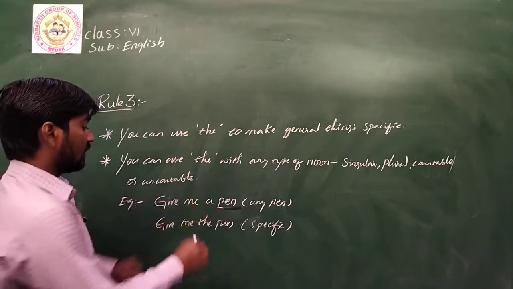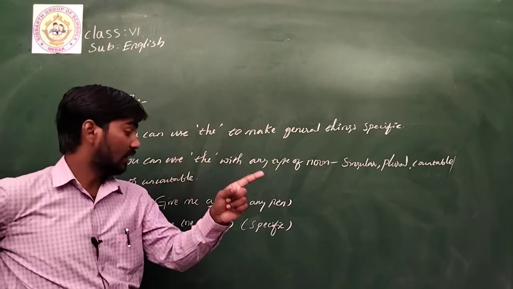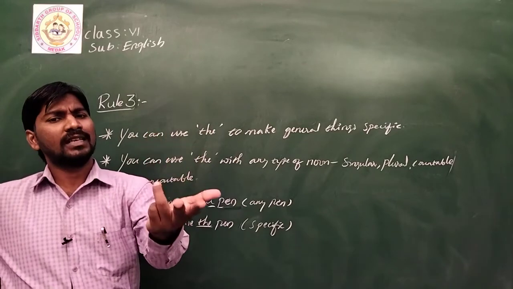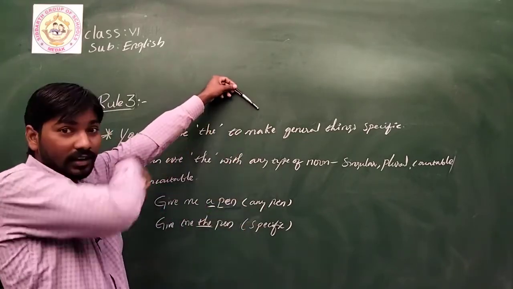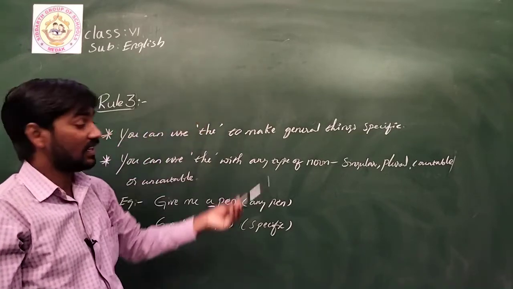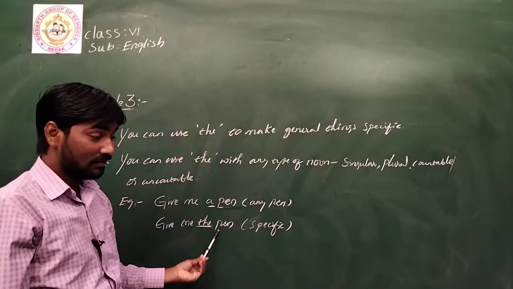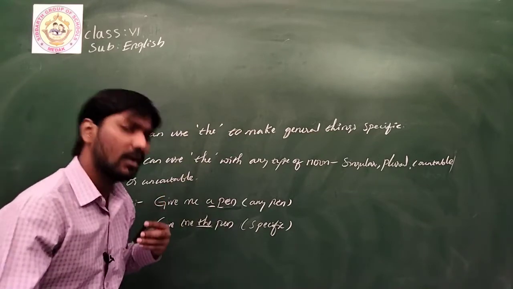I said here, the pen. Which pen means I am showing something, which you can see or I can see. For example, the pen is here. Hey, give me the pen, means which we both can see. So here I am specifying something. Here I am saying any pen. Now you got the example.